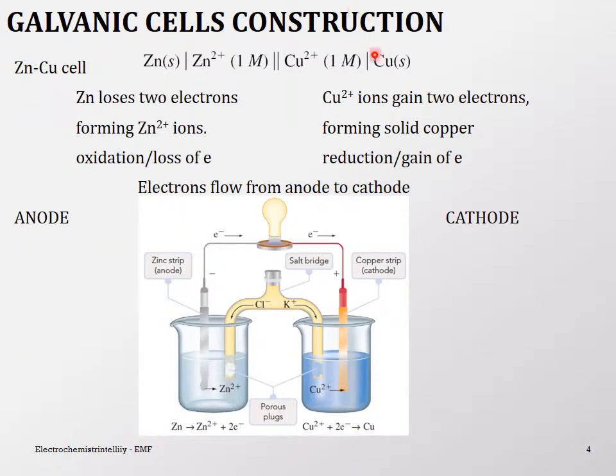So let's look at one galvanic cell here, which is the zinc and copper cell. We will talk about how to construct this kind of equation a little bit in the next couple of slides or so. But here what we can see is that zinc is losing 2 electrons, copper is gaining 2 electrons. So the left-hand side here is the anode side.